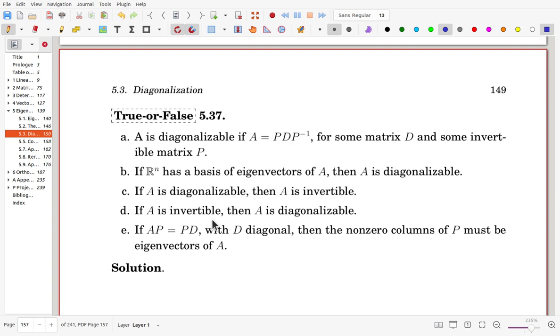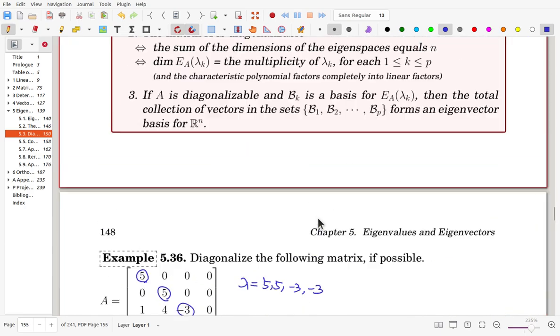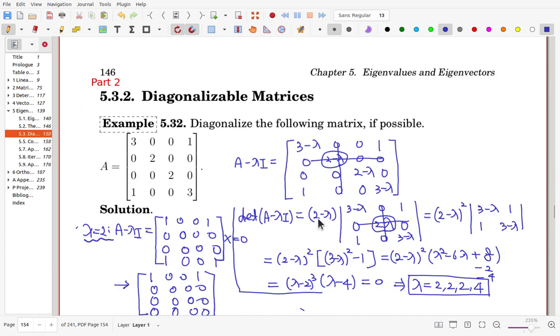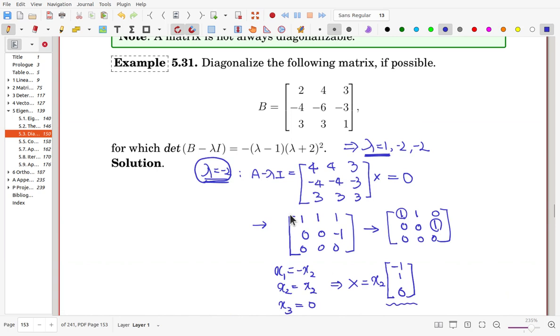Okay, for that one, again, let's see one example. It's invertible, but it's not diagonalizable. Let's go back further. Okay, for this one.